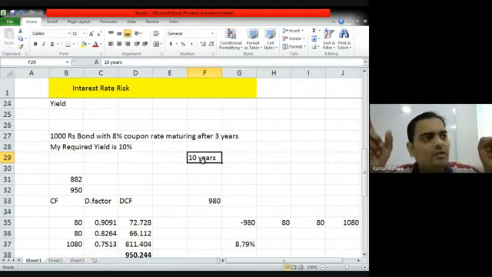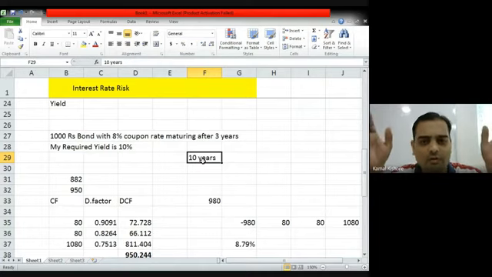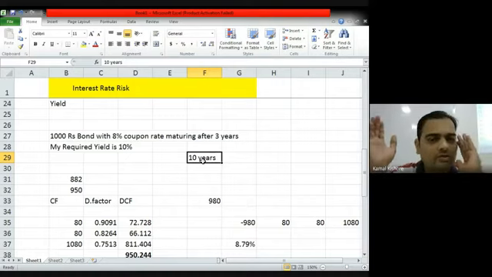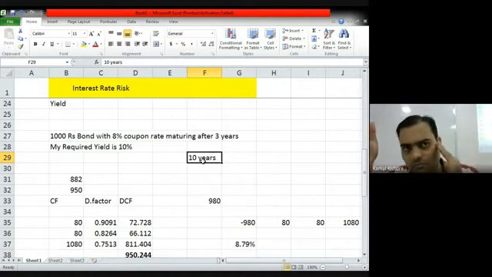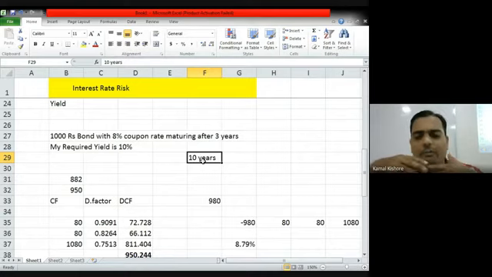Here my uncertainty is for 3 years. The political risk, the economic risk, the default risk, right? All types of risks are only for 3 years. But in the other bond, everything is for 10 years. I have to wait for 10 years. So generally, I will prefer an investment with a shorter maturity.